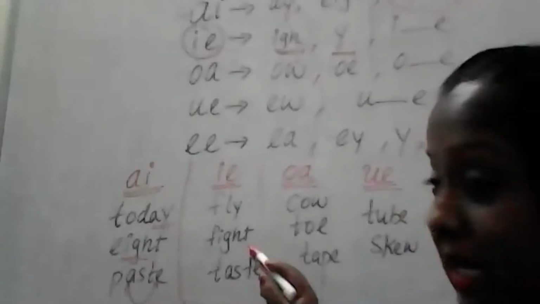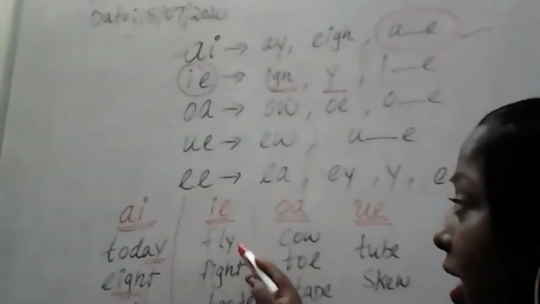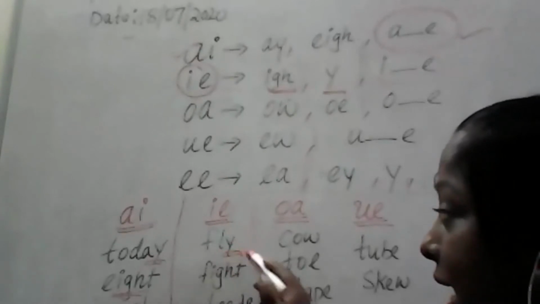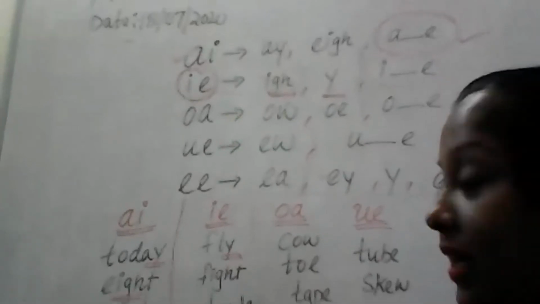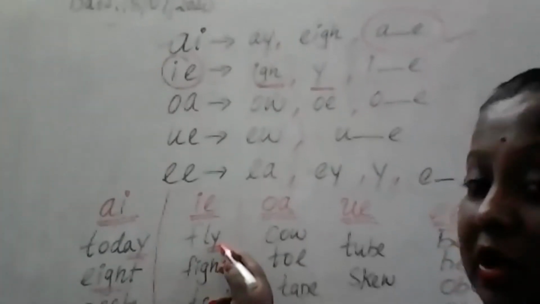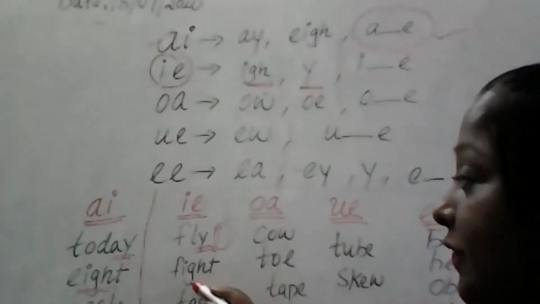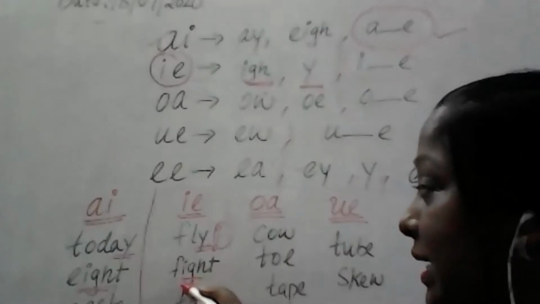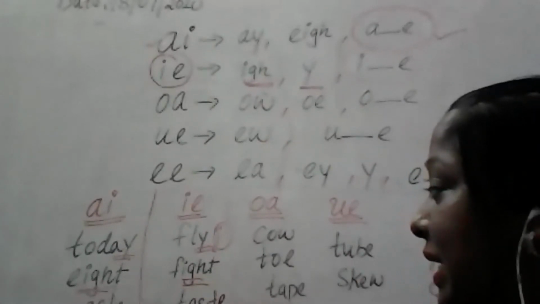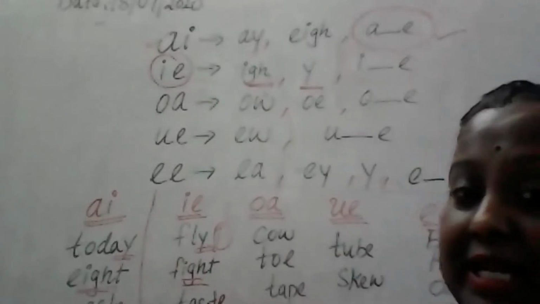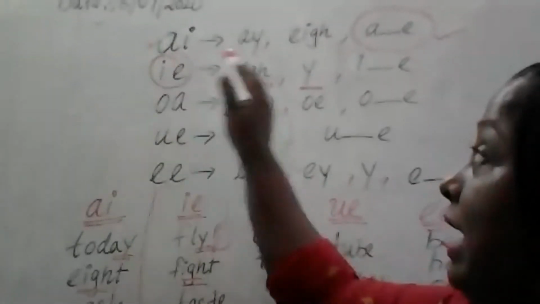If you check down here, fly. As I said, letter Y is at the last, so this makes a sound of I. Here, flight, IGH makes a sound of I. Here it is again magic E. So these are the alternatives of I.